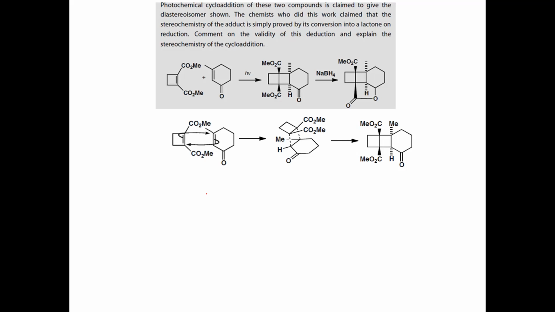Sodium borohydride is quite a strong reducing agent, but it can be quite selective. In this case, I can tell you one gets reduced and the other one stays. Which one gets reduced? The carbonyl of the ketone or the carbonyl of the ester? To answer that, you don't need to remember it.